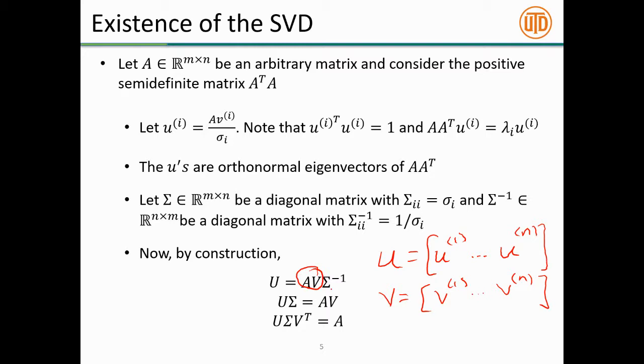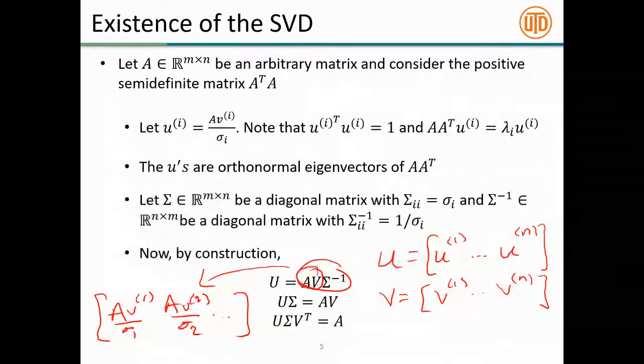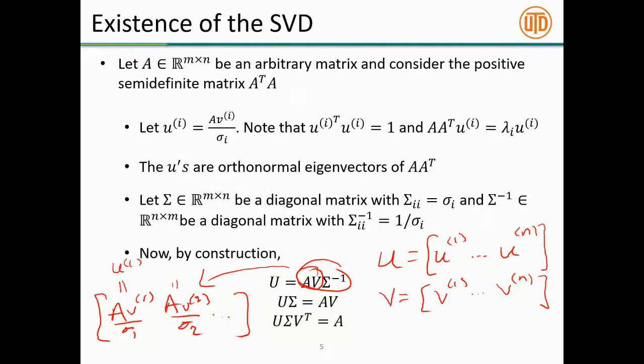If I multiply that by sigma inverse, I get a matrix whose columns are A times V1 over sigma 1, A times V2 over sigma 2, etc. So this is nothing but U, by definition. That's how we construct the U's: this thing was defined to be U1, this thing is U2, etc. So this is just a matrix reformulation of the construction that we just did.